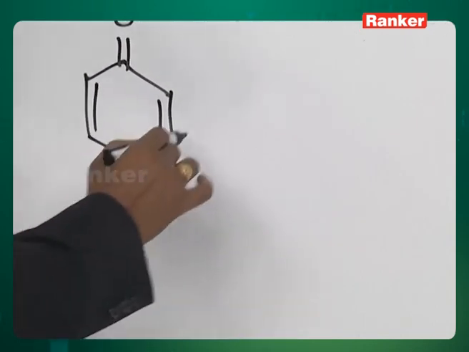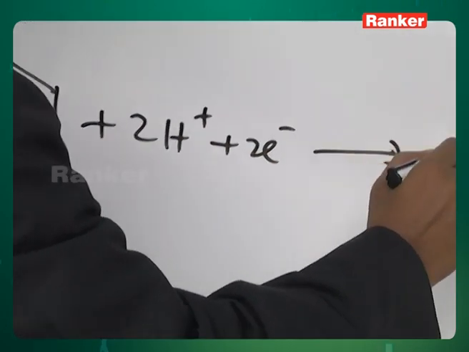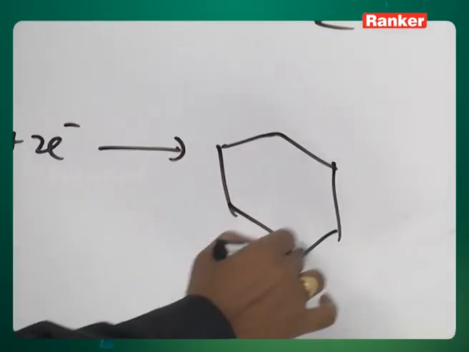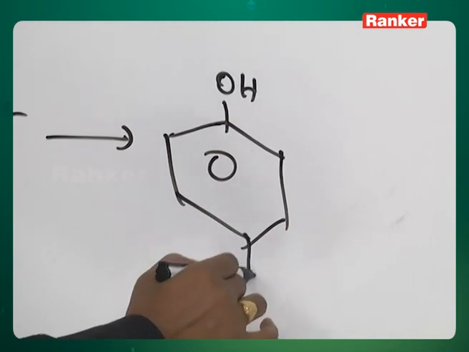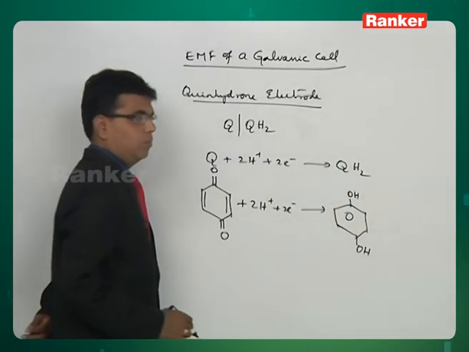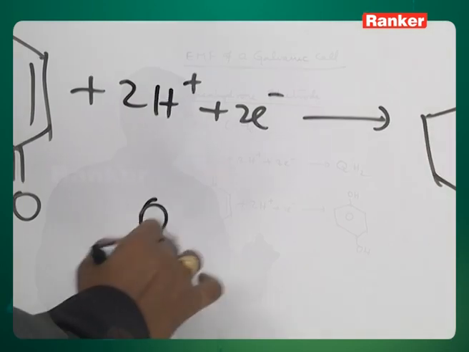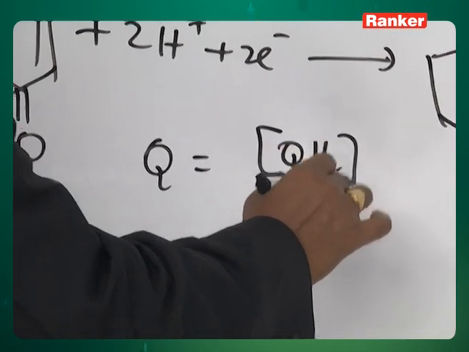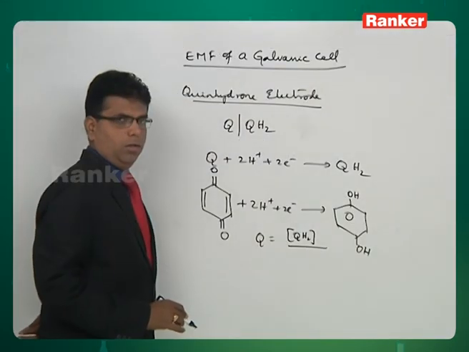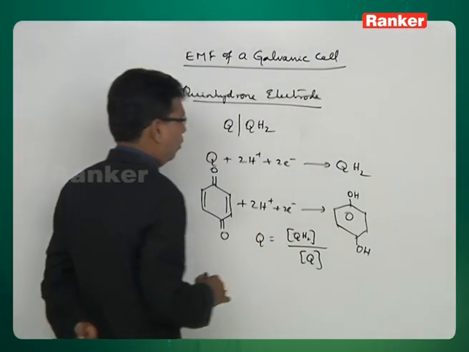For this, Q is equal to active mass of quinol by active mass of quinone.